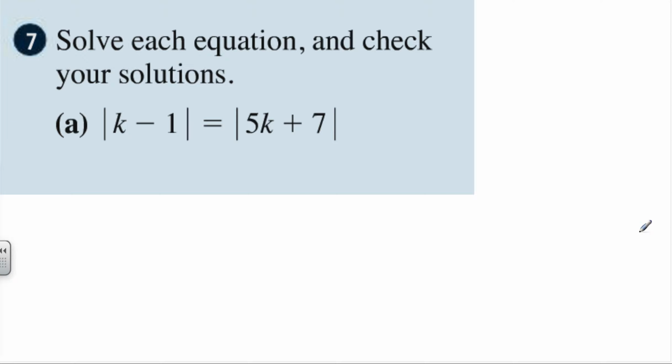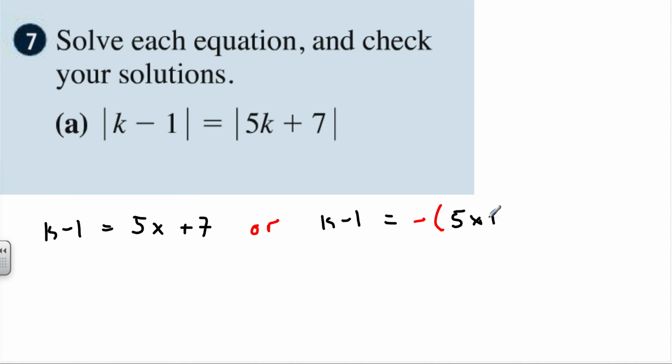So we're going to say the left-hand side, k minus 1, equals the right-hand side, 5x plus 7. Then we're still going to put our or. Then we're going to say k minus 1 equals a negative the right-hand side, 5x plus 7.